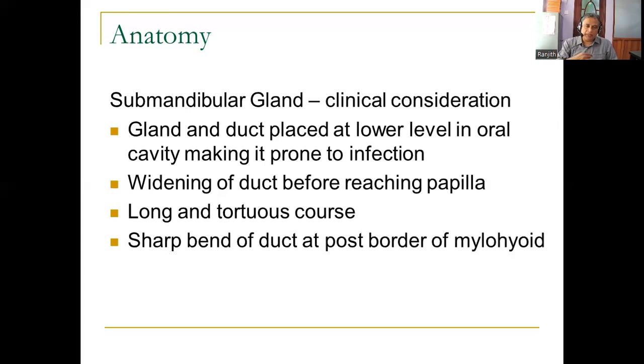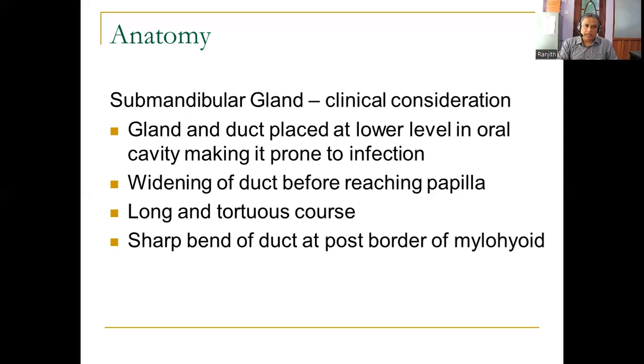As we know, the submandibular duct travels from the posterior part of the oral cavity, lies in the floor of the mouth, and then opens in the lingual frenum, just adjacent to the lingual frenum. And the gland is lying below the opening of the duct. So basically, it has to work against gravity to push the saliva from the gland into the oral cavity, and that makes it very prone to recurrent infection.